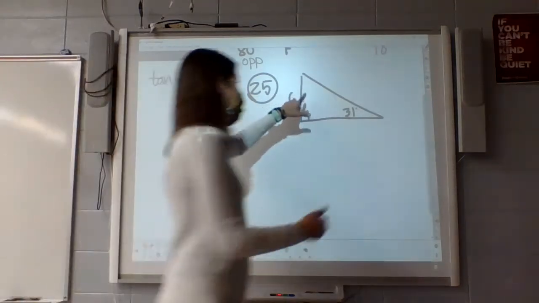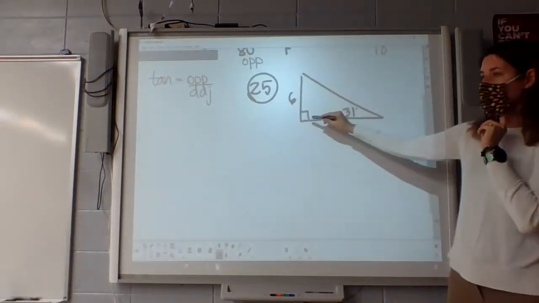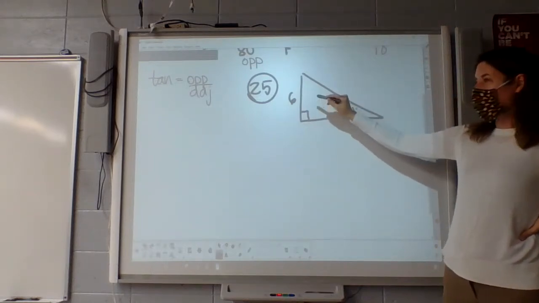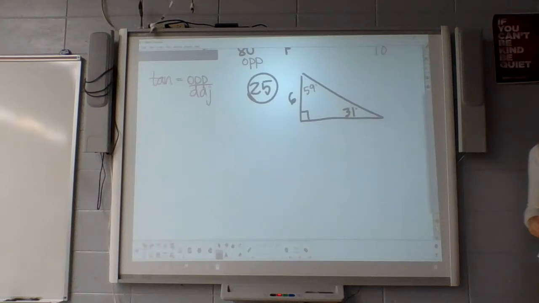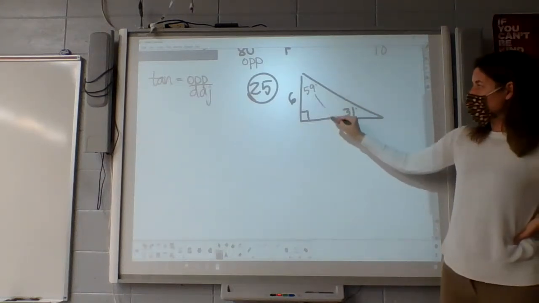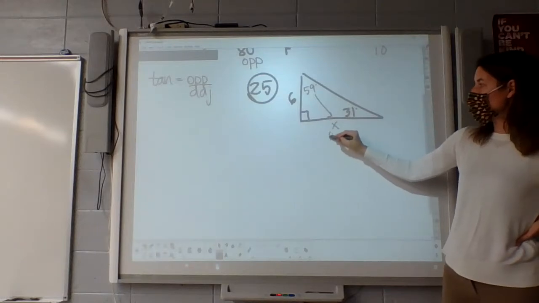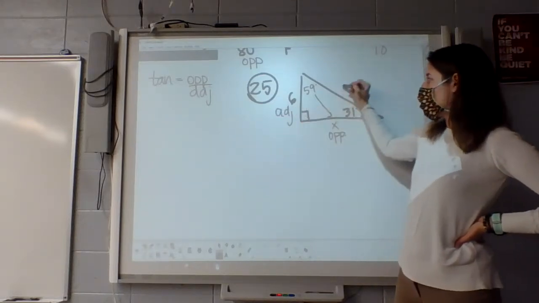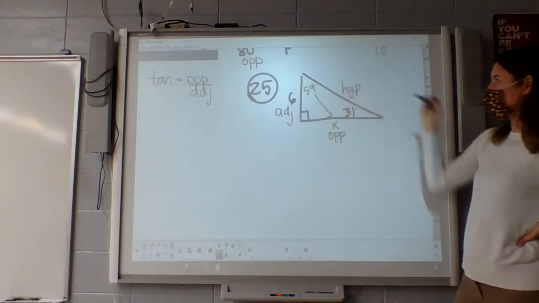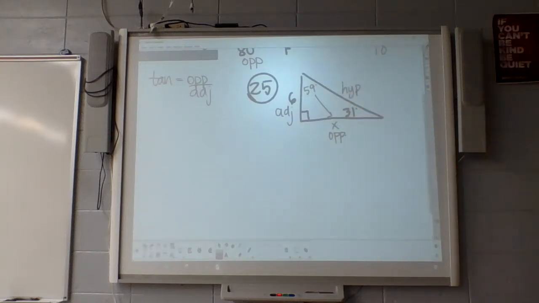So we can find this angle. If this is 31 and this is 90, I know this one has to be 59, because then they would add up to 180. So now the opposite side is my x. And then here's my adjacent. And my hypotenuse I don't know, nor do they ask me anything about it quite yet.